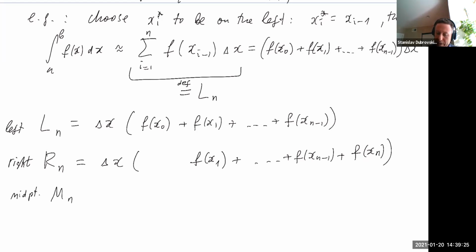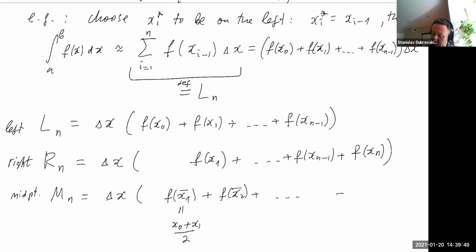That's when all the points are exactly in the middle of each subinterval. So in that case, it's neither x_0 nor x_1. We will call it, for the first interval, x_1 bar. That will be actually (x_0 plus x_1) over 2. So all the points are taken to be the midpoint of each interval: f(x_1 bar) plus f(x_2 bar) plus dot dot dot plus f(x_n bar).